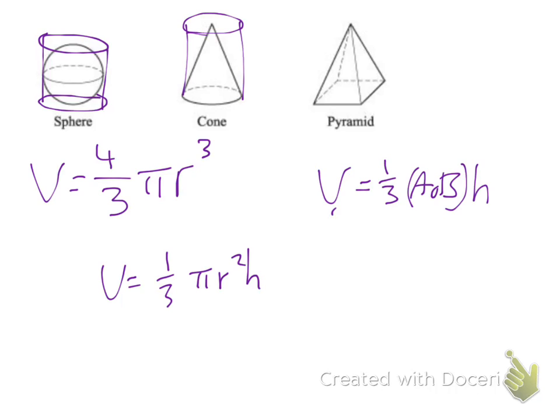And that's for the volume of a cone and pyramid. Volume of a cone or pyramid is 1/3 the area of the base times height.